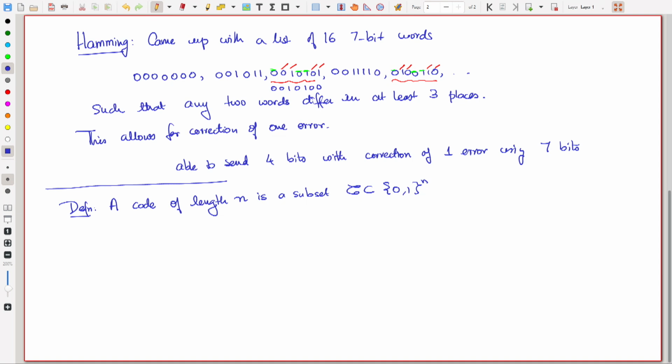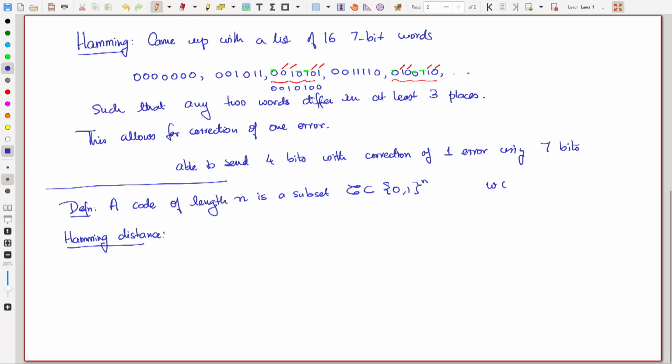And what do we want to do now? We want to see how many changes we can correct. We will think of each change as moving us away from the code. So there is a notion of distance, called the Hamming distance. Let me use a notation.